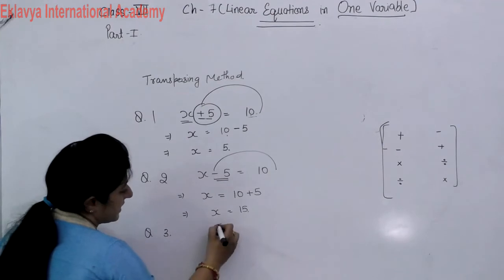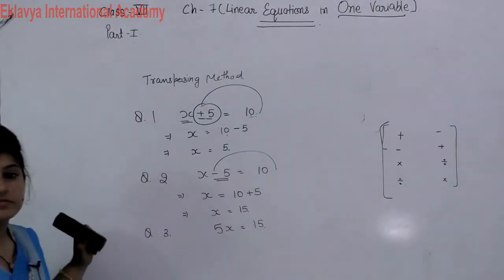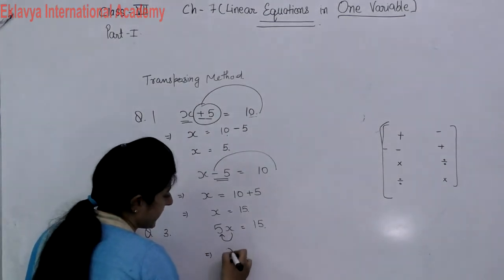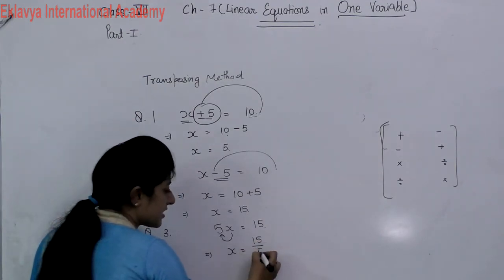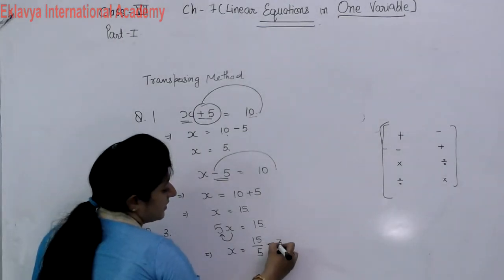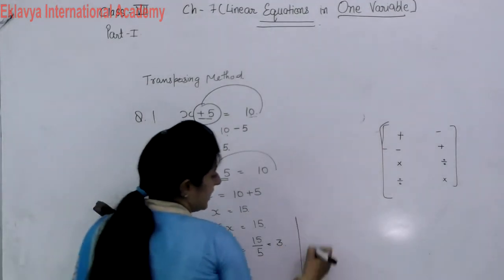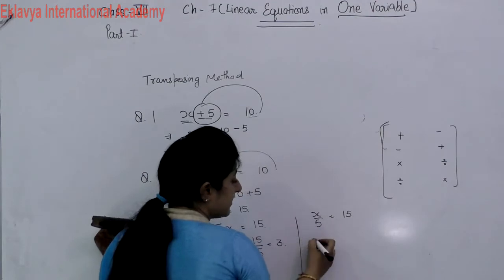Suppose something is in multiplication, so this 5 is in multiplication with x, and the right side is 15. When it changes side, it will come in division, then your answer will be 3. Similarly, if I write x by 5 is equal to 15, here it is in division.